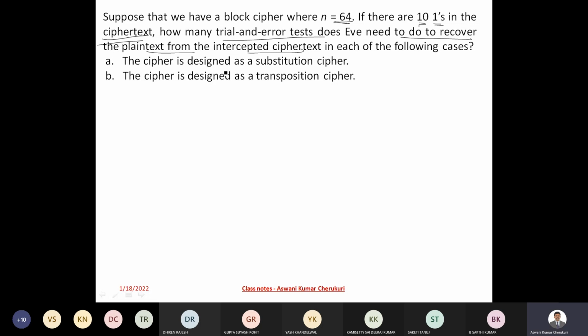Imagine if the cipher is designed as a substitution cipher, and imagine if the cipher is designed as a transposition cipher. Can somebody tell me what could be the answer? If it is a substitution cipher, what happens? And if it is a transposition cipher, what happens?